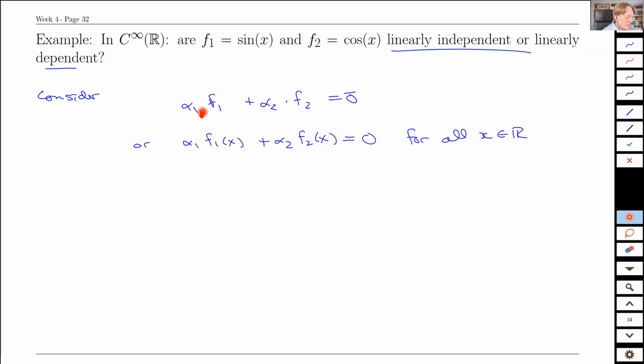When we say multiplying functions by a scalar, well, we're doing it for every single x value. And so what we need to have is that these two functions, added and scaled, equal the 0 constant function.